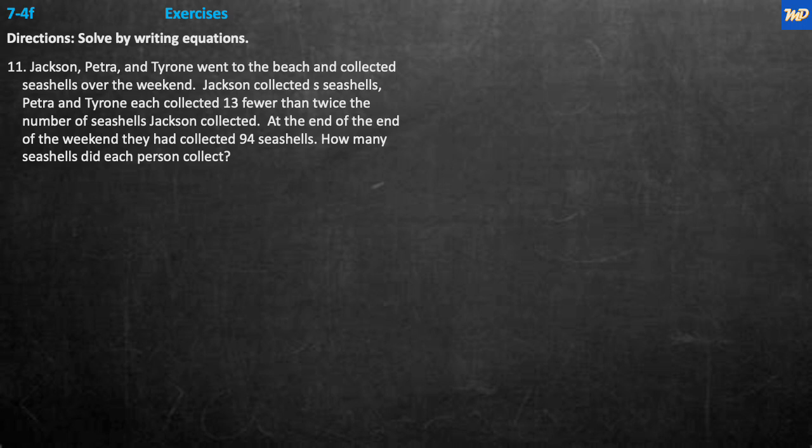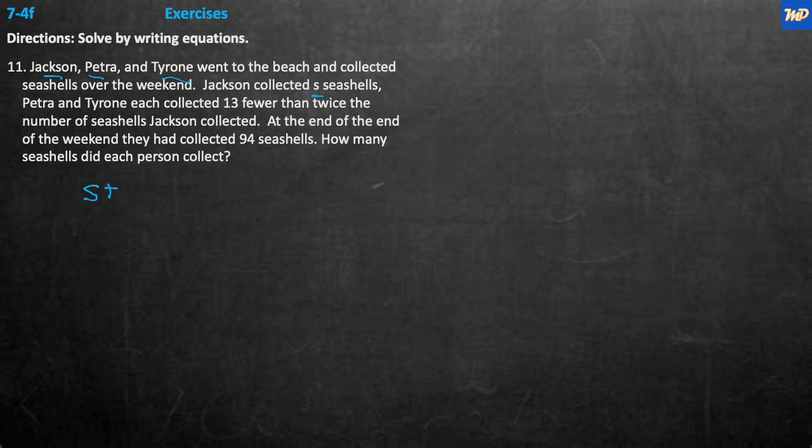Well, we have Jackson, Petra, and Tyrone. And from what we can see here, the number that Petra and Tyrone have is based on Jackson's value, which they say is S seashells. So S is Jackson, plus how many altogether did Tyrone and Petra have? Well, they each had twice S. Since it's two of them, I could write this twice or I could multiply it out. I'll just do it singularly.